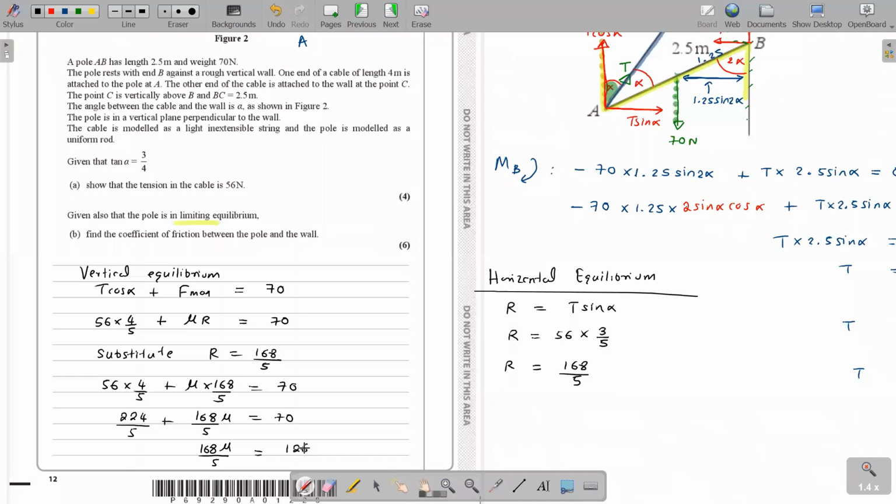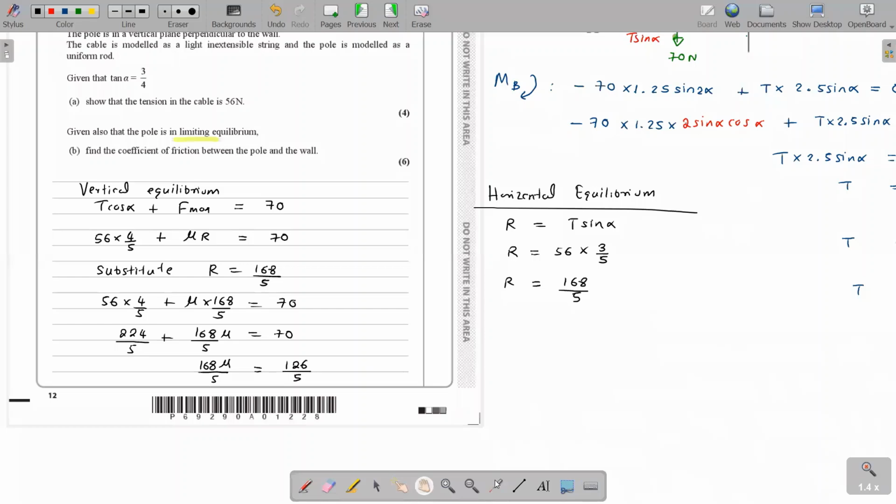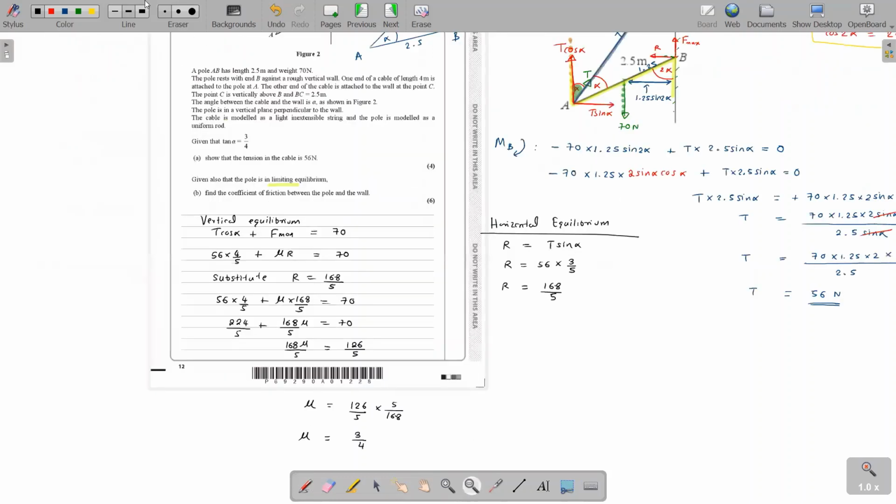Is it okay? Then the mu value will be 126/5 into 5/168. Simplify, type this in the calculator, and I end up getting mu is 3/4. Is that okay? 126 divided by 168, yeah, 3/4. So this is my mu value.